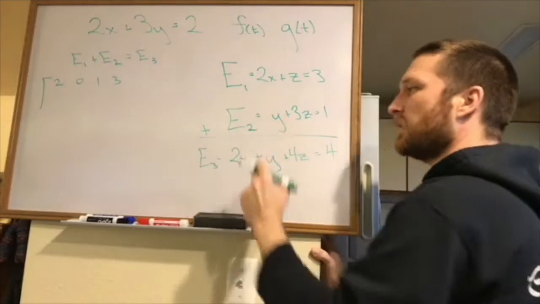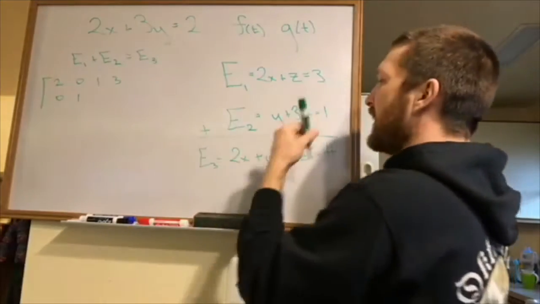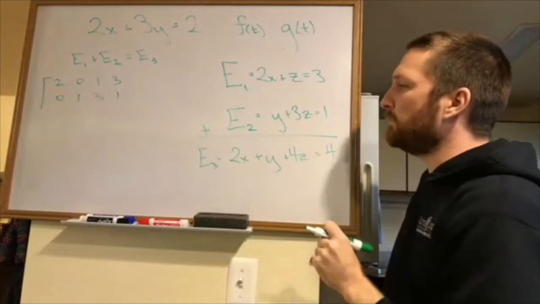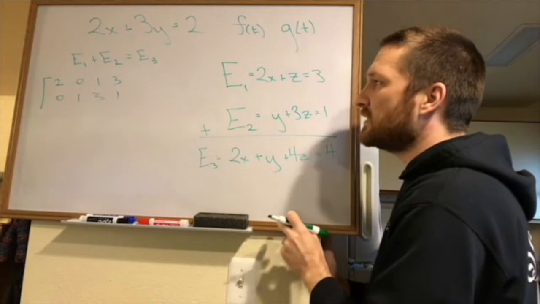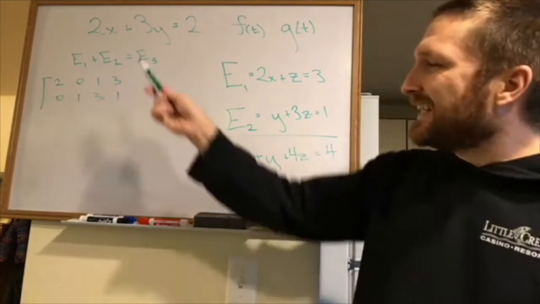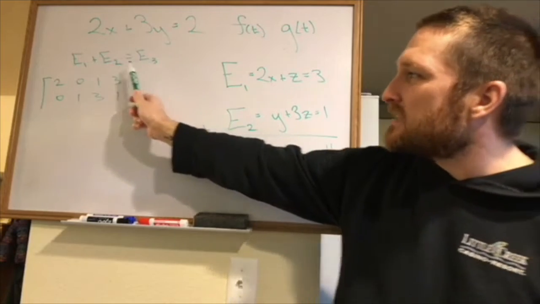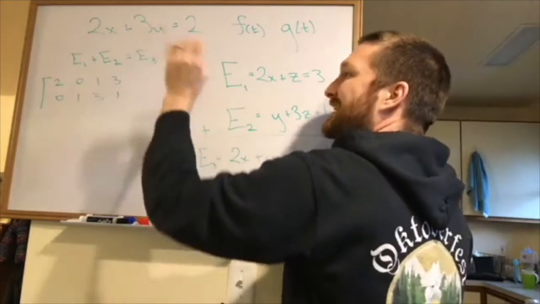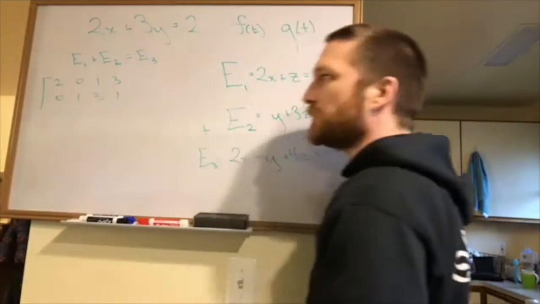Second one is 0x's, 1y, 3z's equals 1. Now my third equation, we call this linearly dependent. This one is dependent on these two because the third is a linear combination of these two.